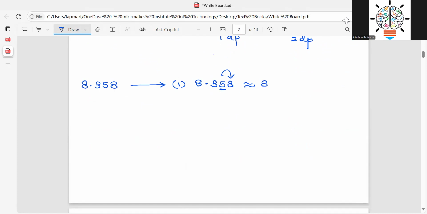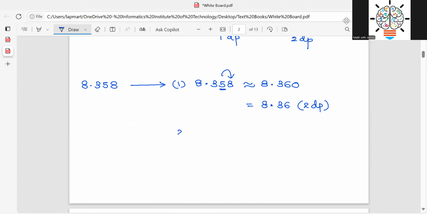How are we going to do that? 8.360, and I write 8.36 2dp. Why did I write it like that? The last digit somehow we keep as 0, but no point of keeping 0. So then I conclude the answer 8.36, 2 decimal places, right?